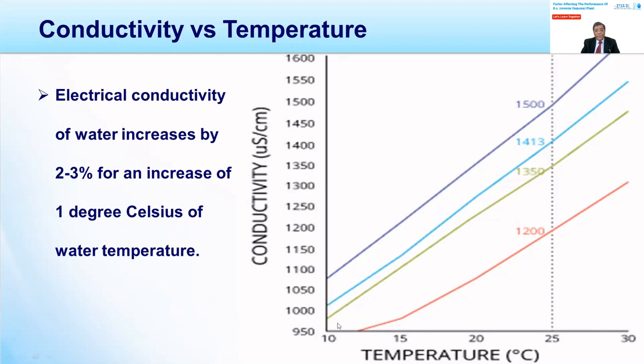At 15 degrees, you have a conductivity of around 975, and as the temperature goes up, you can see the conductivity gradually increasing. This is a linear increase, and these are some curves established from various qualities of water.